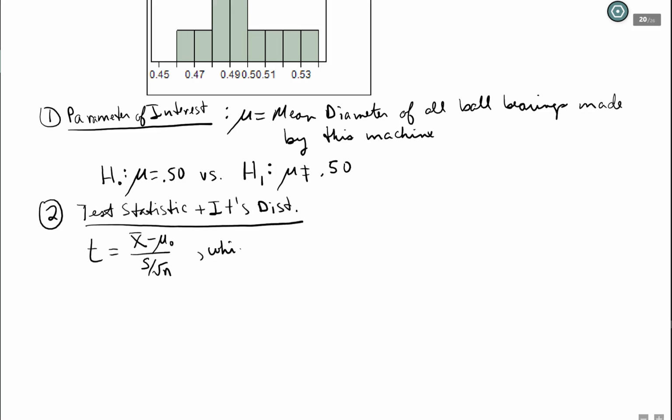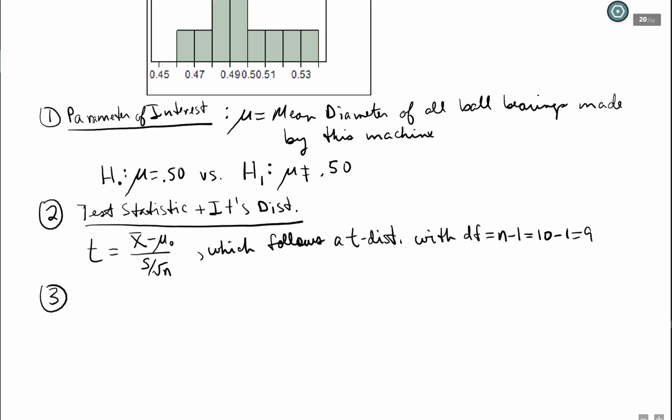It follows a student's t distribution with degrees of freedom equal to n minus 1, which in this case would be 10 minus 1, 9 degrees of freedom. That's step 2.